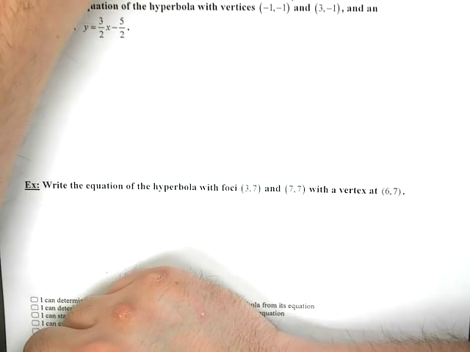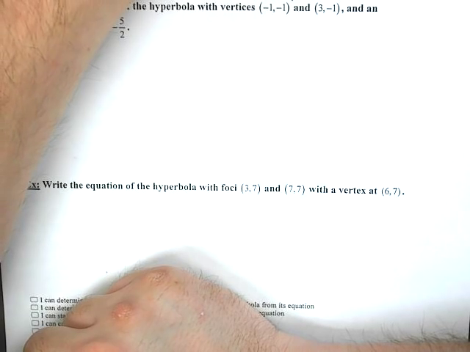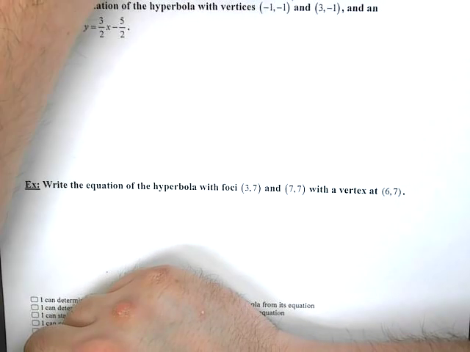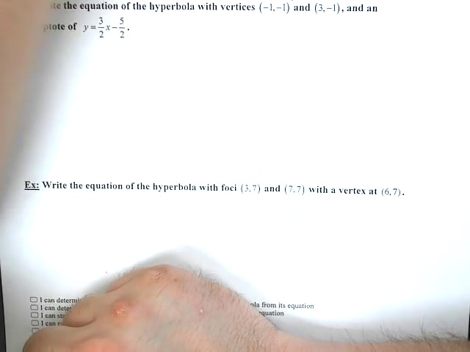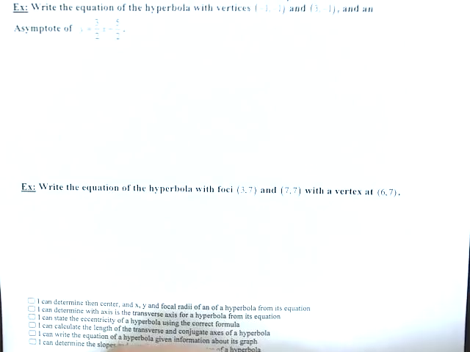So let's plug in. We have 6 squared, we have 4 squared, we have r sub y squared.